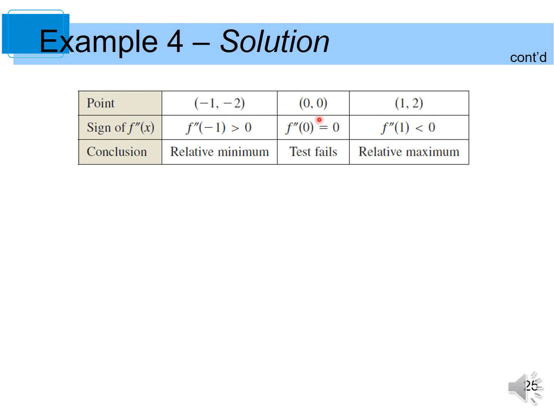Look at the second point, (0, 0). We substitute 0 into the second derivative function. It is equal to 0, so we conclude the test failed. And for the third point, we substitute 1 into the second derivative function. We have a negative value. So we conclude this point, (1, 2), is a relative maximum.